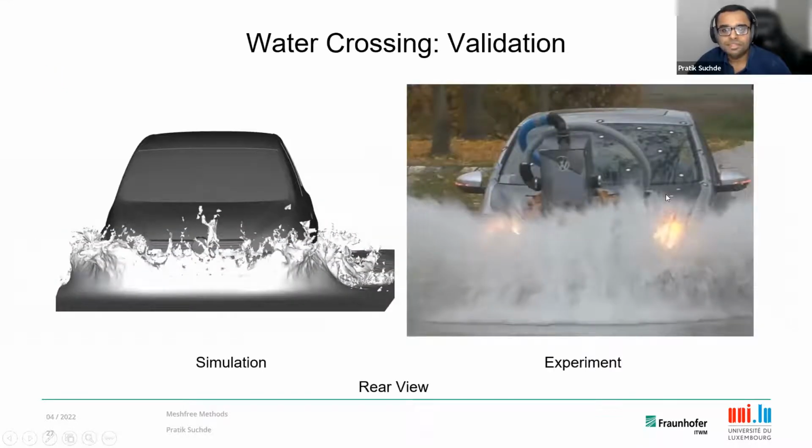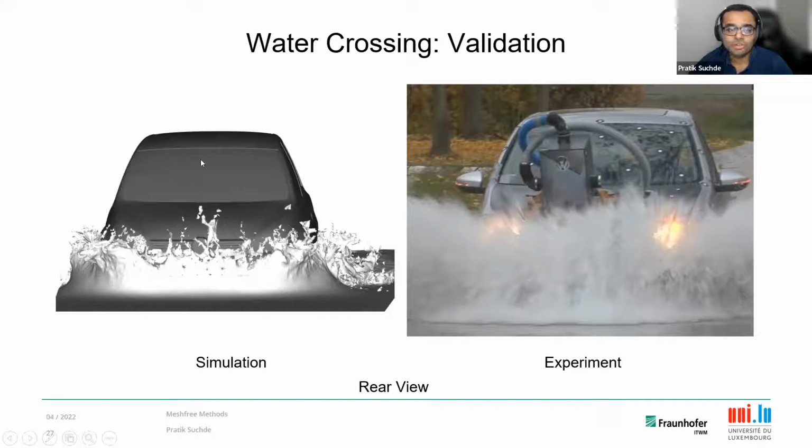Now, validation for this was extremely hard. We had a collaboration with Volkswagen where they drove a car into a pool of water and truly measured everything that they could. You measure wind conditions, you measure temperature conditions, you measure how all of that is around the car, and we try to reproduce that in our simulation.